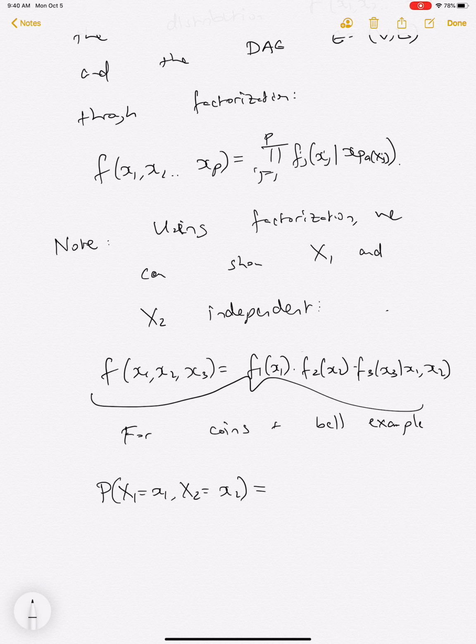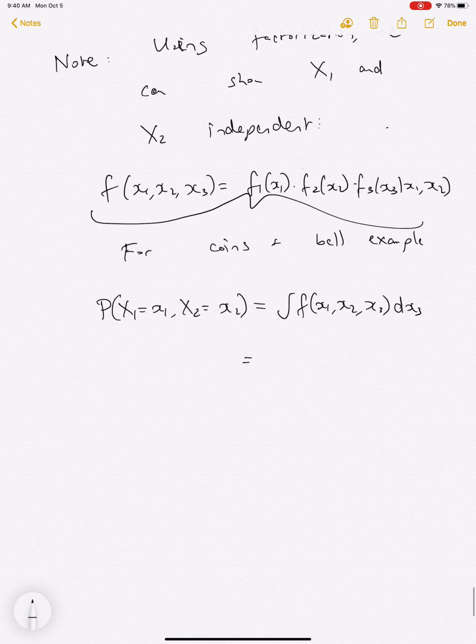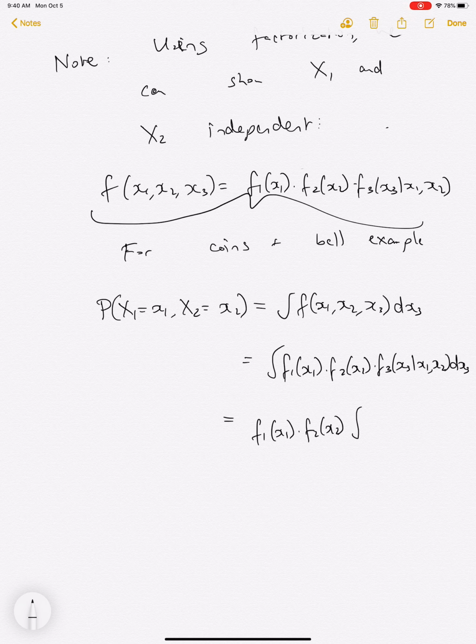So what we can do is integrate over x3, and because this is a conditional PDF, it's going to integrate to 1, and so we just get f1 of x1 times f2 of x2.